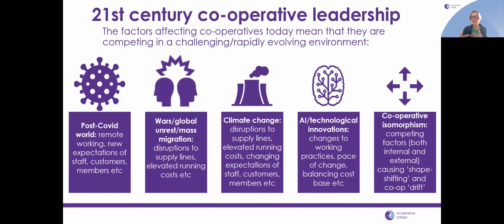So there is that shape shifting going on, but it's also causing an element of what I've called cooperative drift. Are some cooperatives drifting away? I was reading recently about cooperatives which have a stake in another business, so effectively cooperatives that own another business that isn't a cooperative.